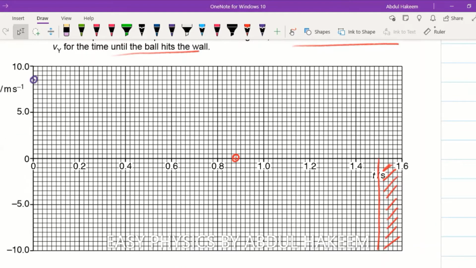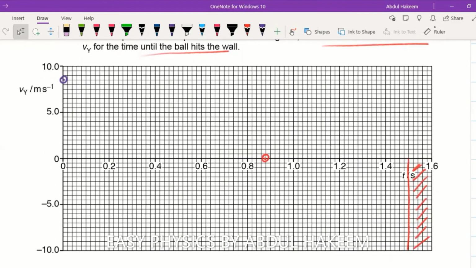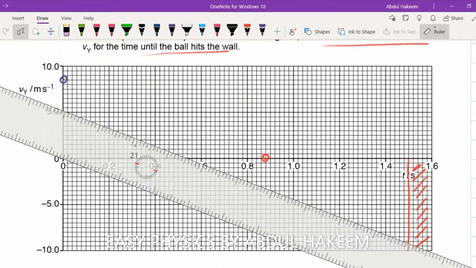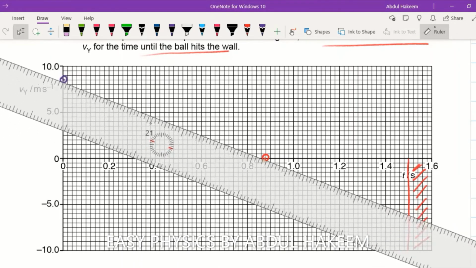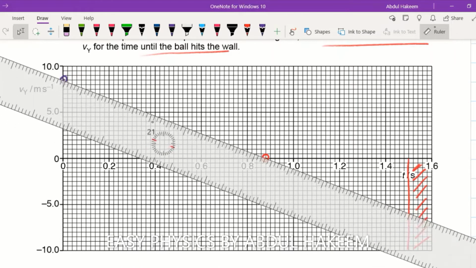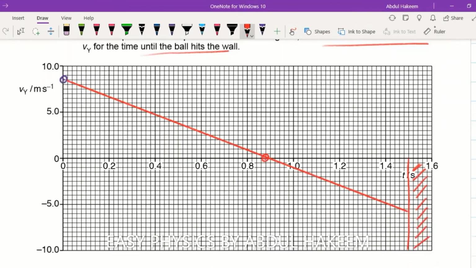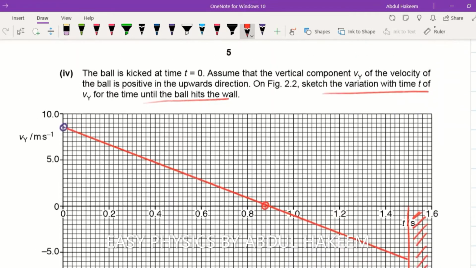It means the gradient of the velocity-time graph is constant. So using the scale, we draw a line. The gradient must be the same because acceleration is constant, free fall acceleration. So this is the line for the graph.